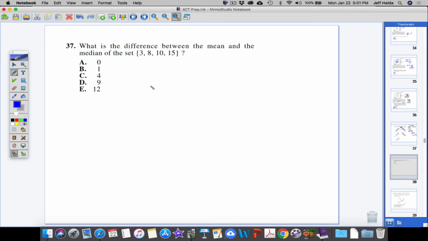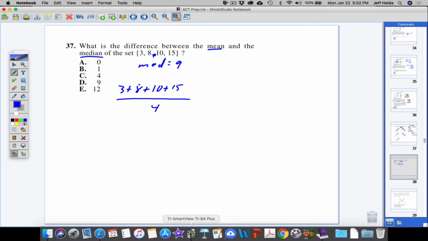Problem 37. What is the difference between the mean and the median? The median is the middle term. The middle term is halfway between 8 and 10, so the median is equal to 9. The mean is going to be 3 plus 8 plus 10 plus 15 divided by 4.